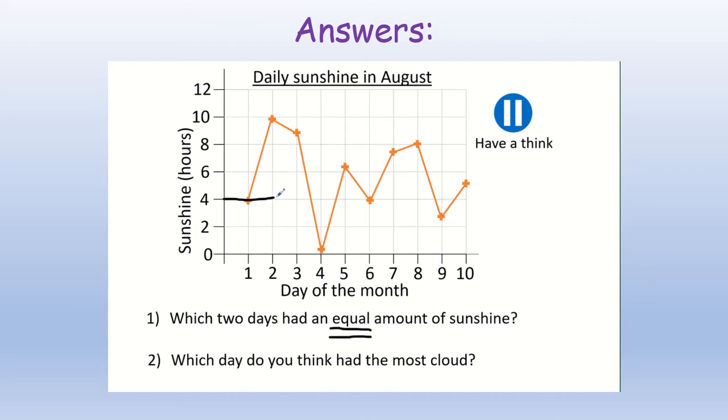Yes, here they are. 2 of them both had 4 hours of sunshine. So it was day 1, the first day, and day 6, the 6th day. Simple.